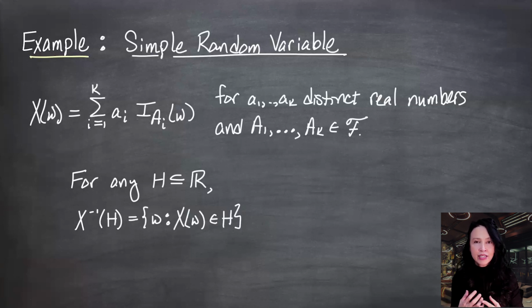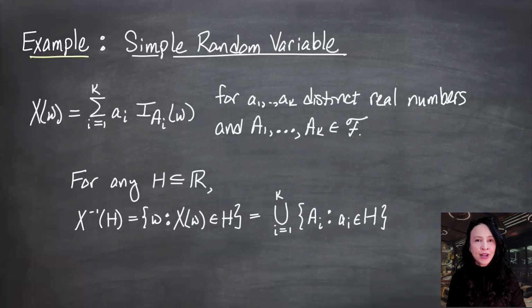So here I have to consider all subsets of the K points. So I can possibly get little A1 and little A3 and little A5 in my set and nothing else, and that's going to map back to a certain union of the A's. And so we can write this set as a union, as I goes from 1 to K, of the sets capital AI, as long as these are indexed by little ai being in H.